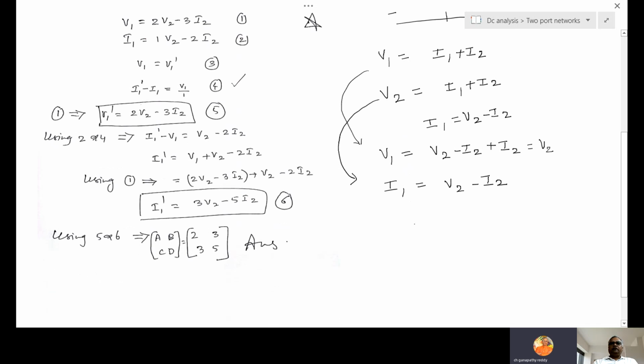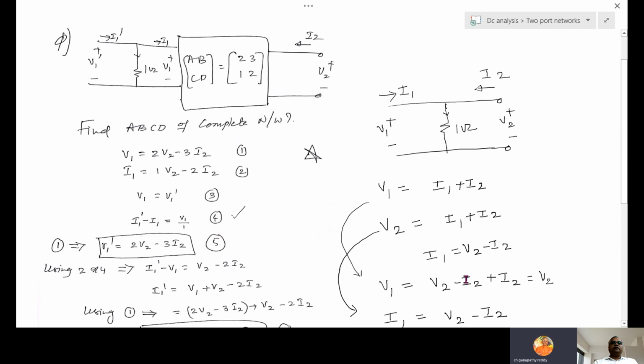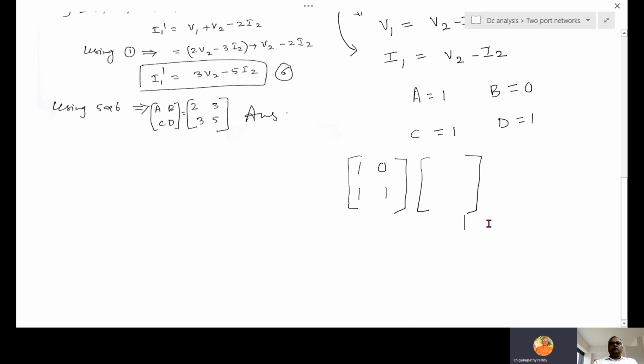And what are the values from this? A is equal to 1, B is equal to 0, C is equal to 1, D is equal to 1. So ABCD, that means 1, 0, 1, 1. This matrix is multiplied with 2, 3, 1, 2.